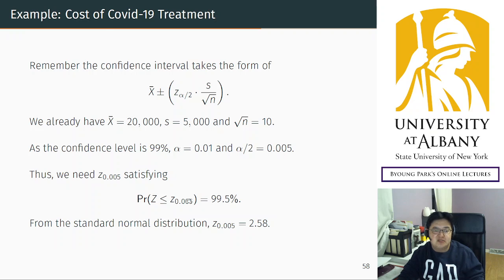So this point has the cumulative probability of 99.5%. So 99.5% is below this point, and only 0.5% is greater than this point. Then the calculator will tell you 2.58.